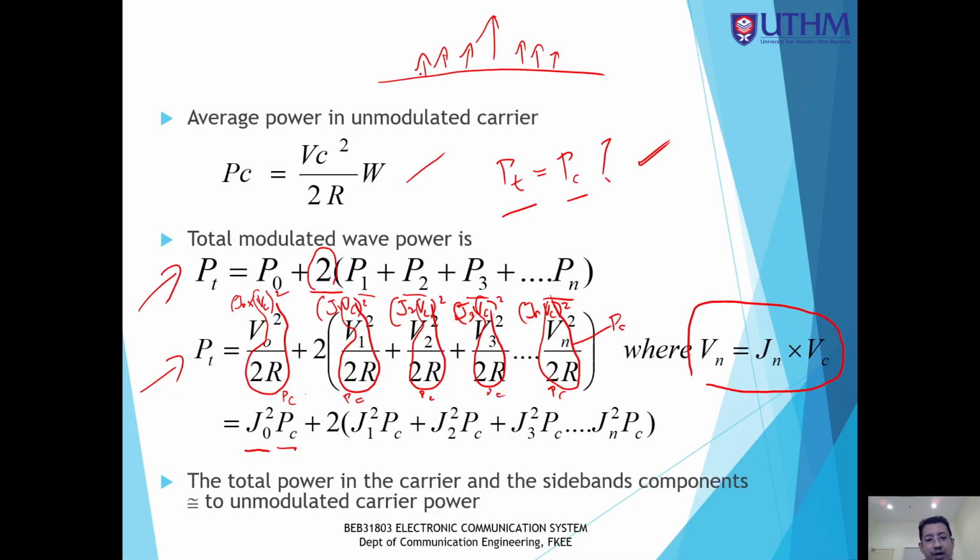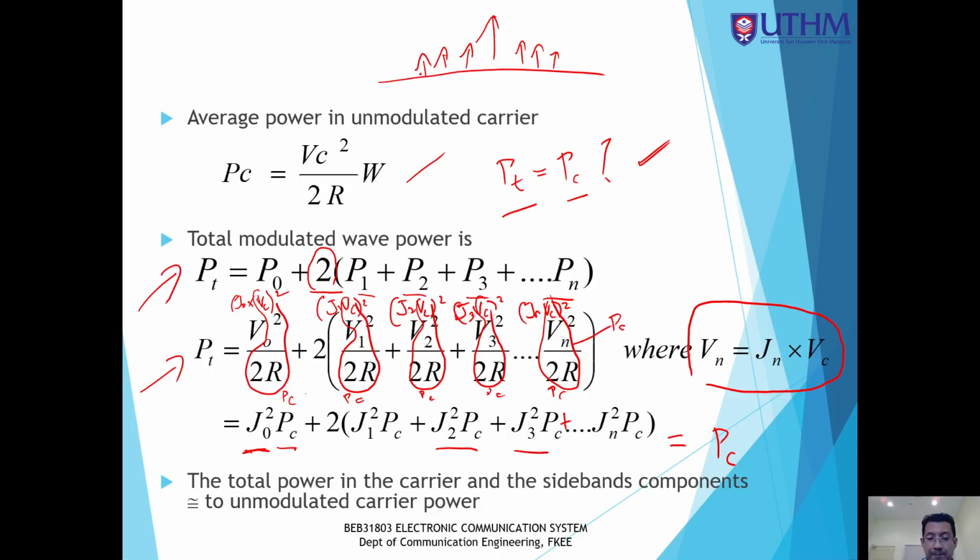So that's why we can rearrange the equation to become J0 square Pc plus 2 times J1 square Pc plus J2 square Pc plus J3 square Pc plus until Jn square Pc. And for your information, theoretically, all of this would become equal to Pc.